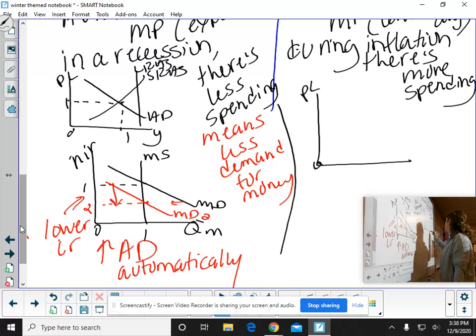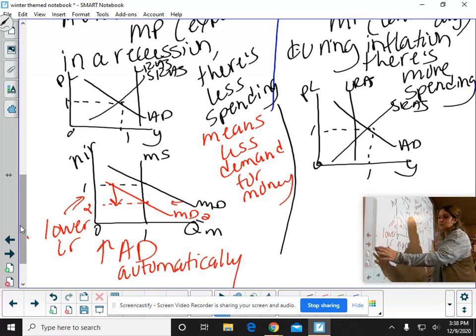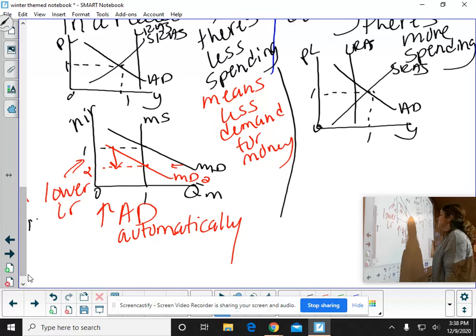So here I'm going to draw it on another aggregate supply and demand graph really quickly. Look at all that spending. More aggregate demand, which means higher prices, which means more reaching for my wallet to pay for those higher prices.